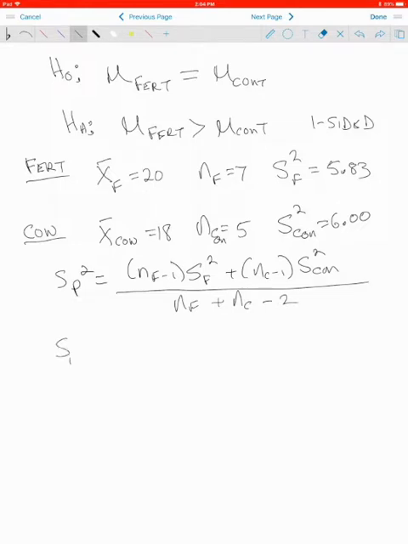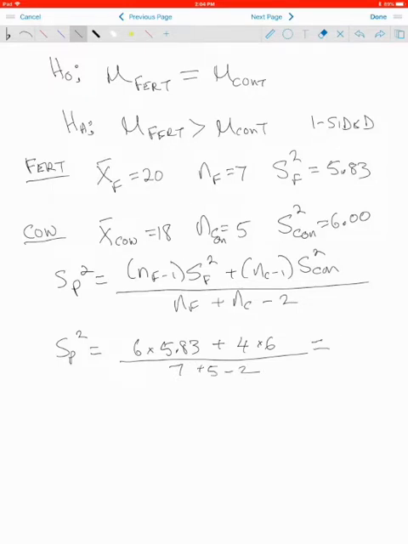And so in this case, the pooled variance equals 7 minus 1 is 6 times the variance, which was 5.83, plus 4 times 6 over 7 plus 5 minus 2.